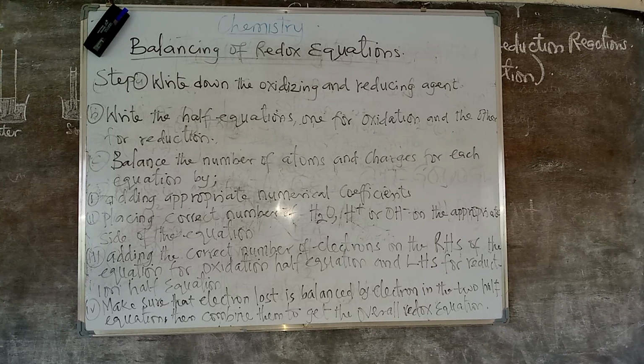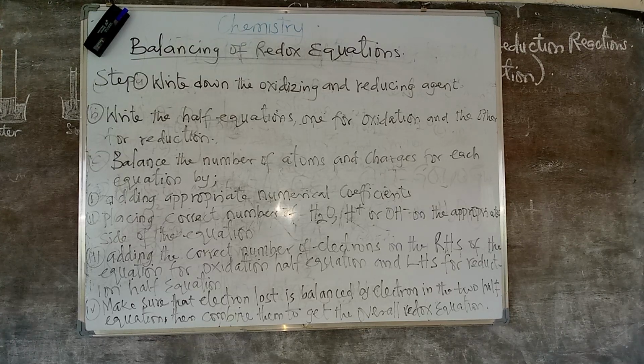On the board are a few of the steps involved in the balancing of redox equations. But before then, mind you, there are other equations that you need to balance. Ordinary chemical equations play a major role here, because that is the first thing you have to balance.